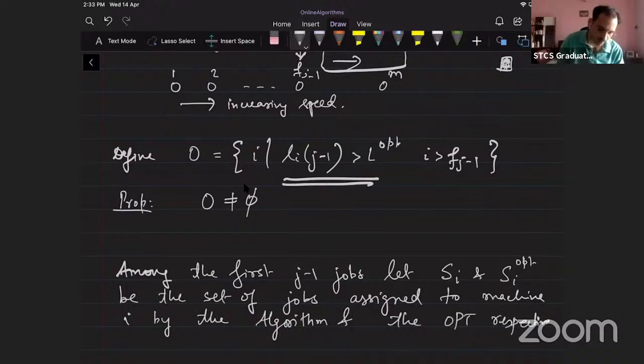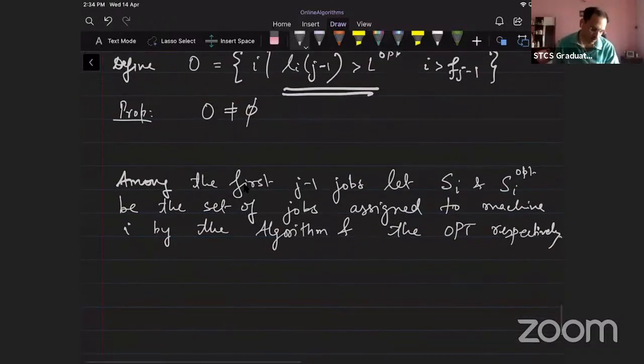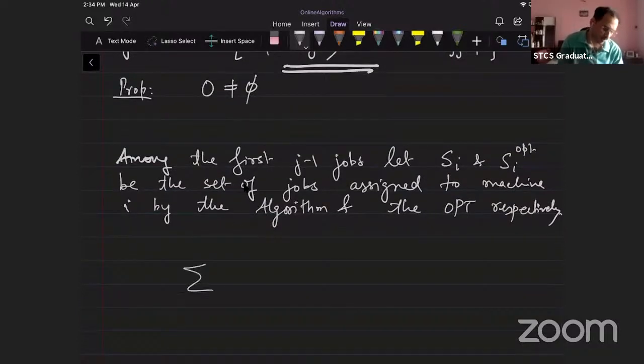So I'm only looking at the jobs that have arrived so far before job J, and I'm just seeing an allocation. It could be arbitrary; we don't know what it is. Among all machines, look at Si as the set of jobs assigned by the algorithm, and Si OPT as the set of jobs assigned to machine I by the OPT among the first j minus 1 jobs. So now consider the following quantity.